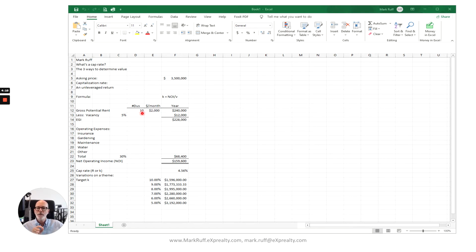So for 10 units, each unit is going to be rented at $2,000. At the end of the year, my gross potential rent is going to be $240,000. And that's calculated by taking 10 units times $2,000 per month, multiplied by 12 months, right, for the year. That's a gross potential rent of $240,000.